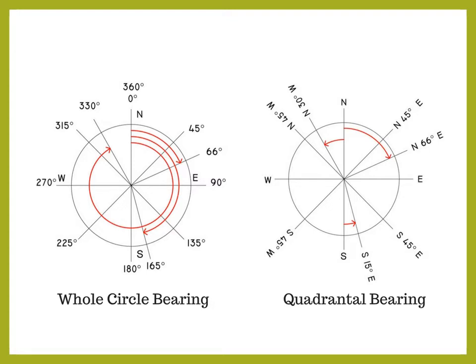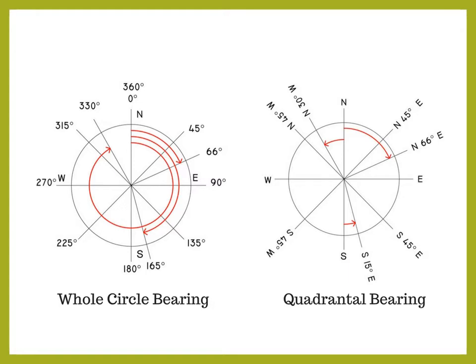Then suppose I take 135 degree, which is present in the second quadrant, the southeast quadrant. If I want to convert this 135 into quadrantal bearing, first I have to identify in which quadrant it is located.